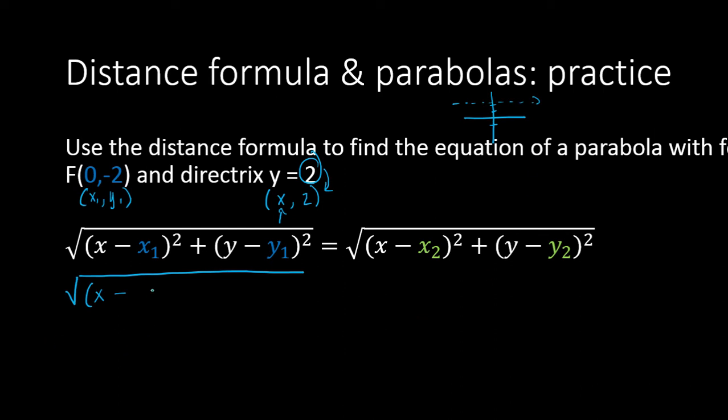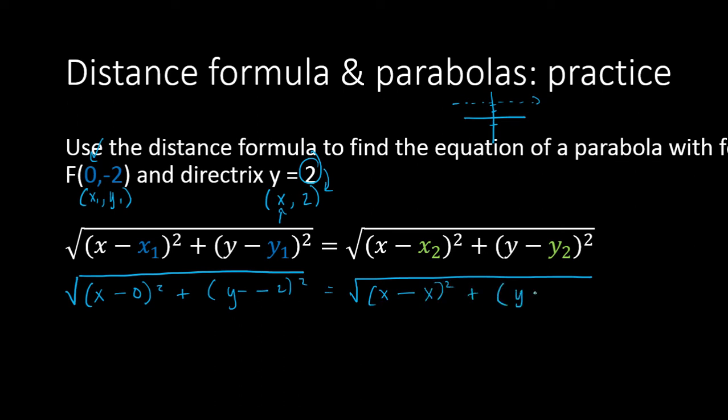So x1, over here I see x1 is 0. So I subtract 0. I see that y1 is negative 2, so I'm subtracting a negative 2. I'm doing x minus x, and y minus 2. Alright, continue simplifying.